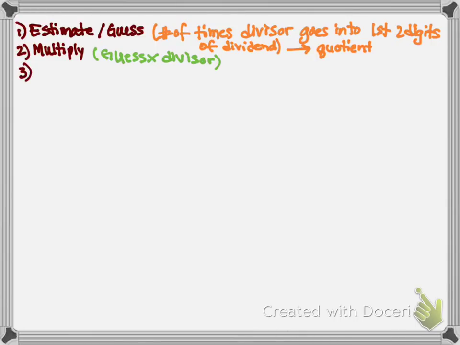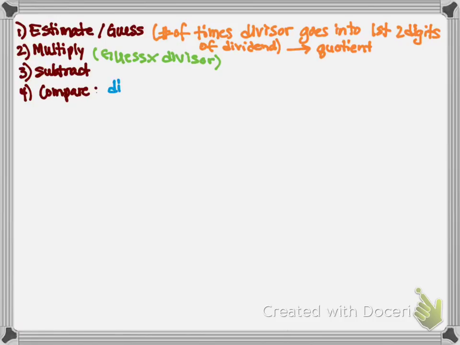And then we subtract the product we just got from the first 2 digits, let's say, of the number we're dividing into. And then we're going to compare. Now, here's the crucial thing with the comparing.